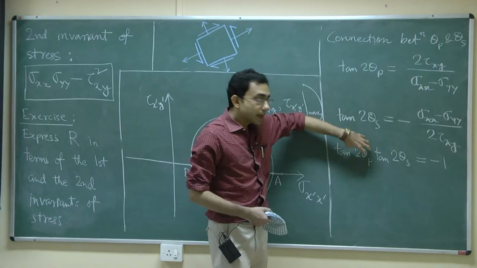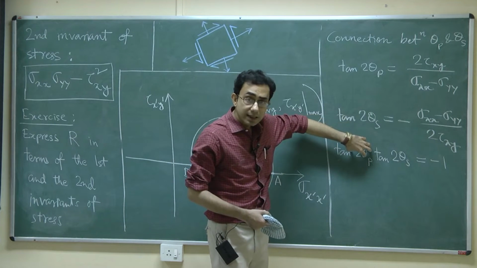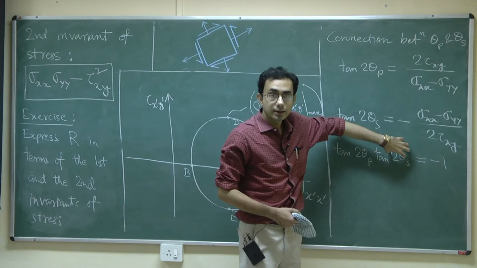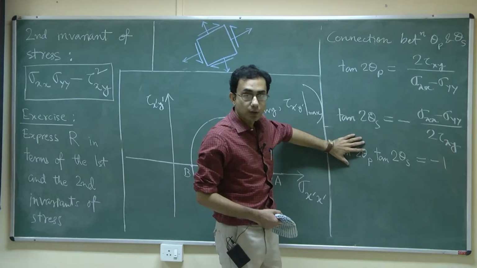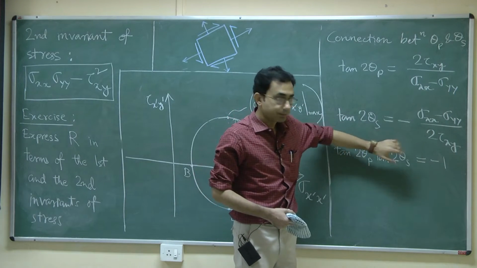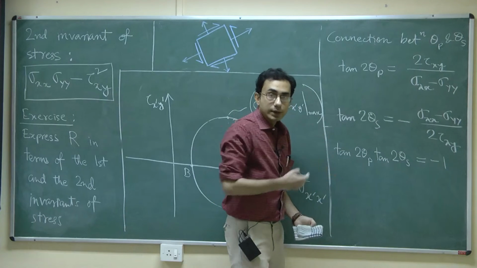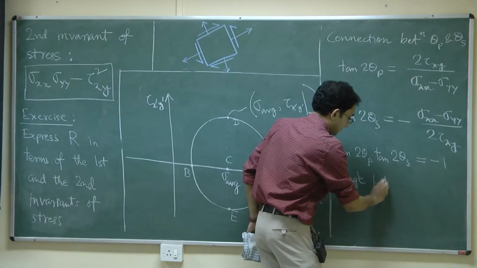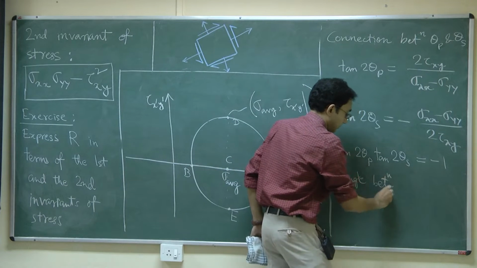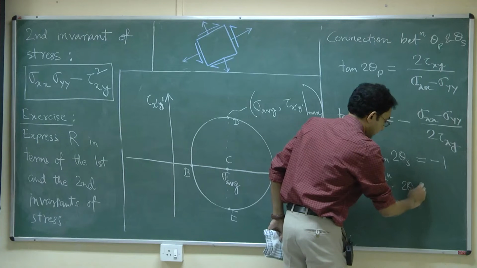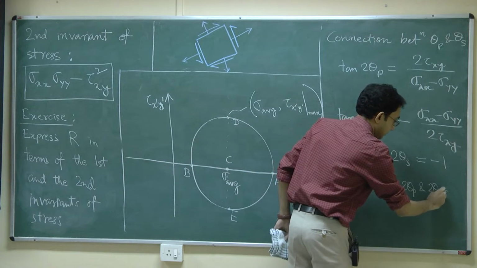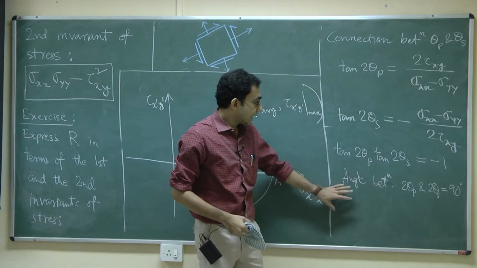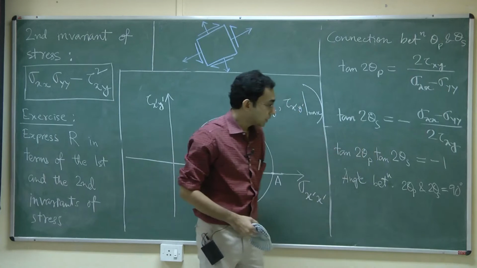You see, perhaps if you interpret that this twice theta p itself is like the alpha and this twice theta s is like the beta, then okay, this represents one straight line and this represents one straight line, and the angle between them, this is pretty much evident to us, that angle between twice theta p and twice theta s should be equal to 90 degrees.